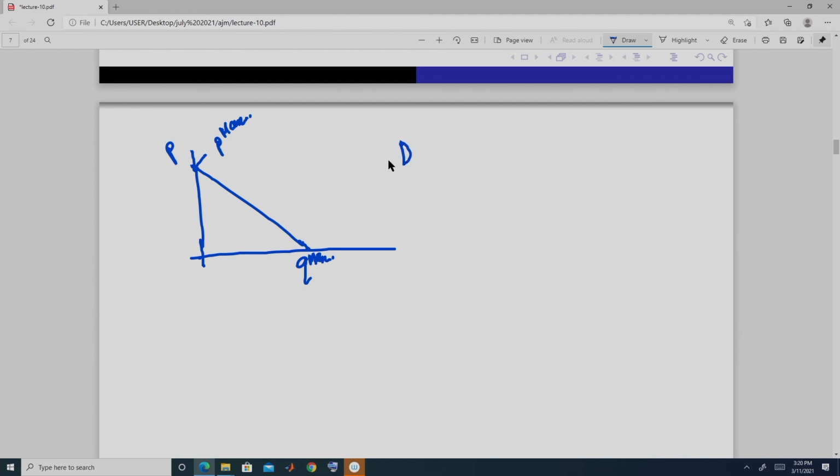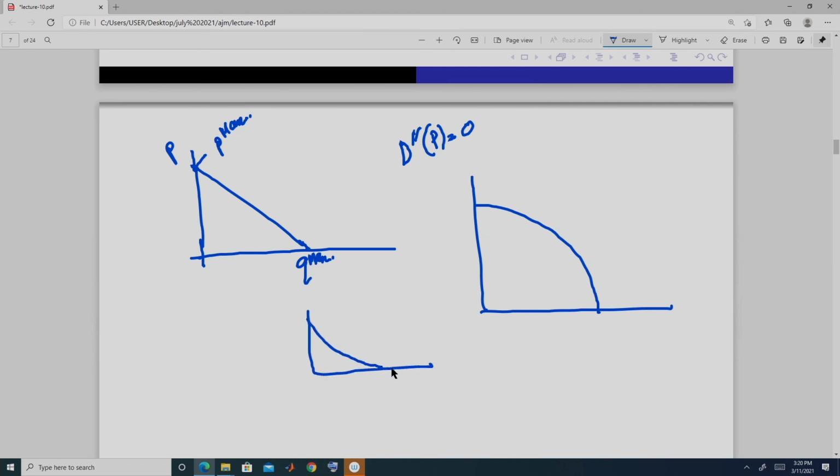If the second derivative is 0, it is a straight line. It can take a form like this also, right, or it can take a form like this also. Okay, any one of these will do.